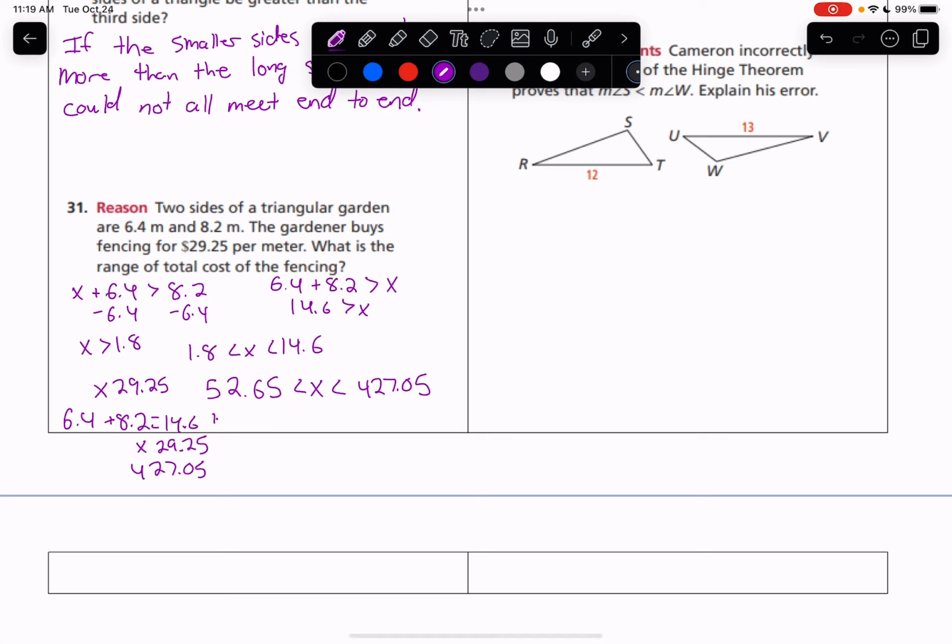So we're going to say plus 427.05. Let's draw a little line here to separate that. Plus 427.05. So we should get a total cost of 479.7 less than x is less than $854.10. So it's a little bit of a process to that problem there.